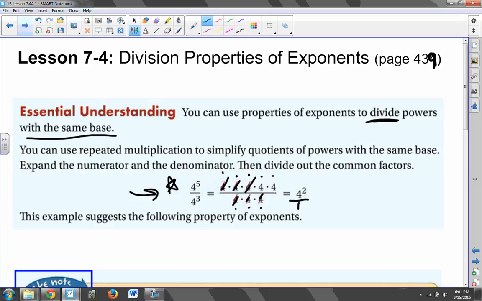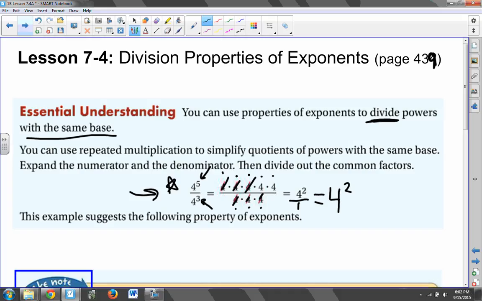We see 2 of them listed out and multiplied together. We know that's 4 to the 2nd power. So 4 to the 2nd power over 1 is just 4 to the 2nd power. Okay? So notice what we've done here with the 5 and the 3 to get down to 2. 5 minus 3 gives us 2.